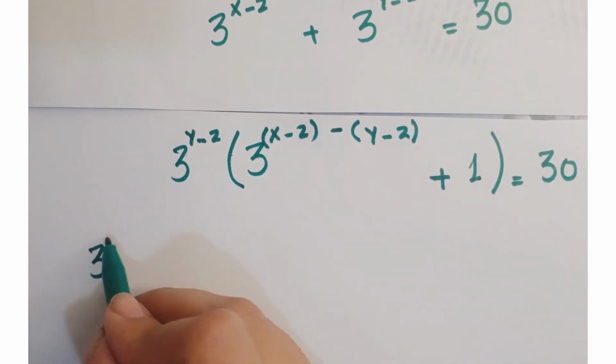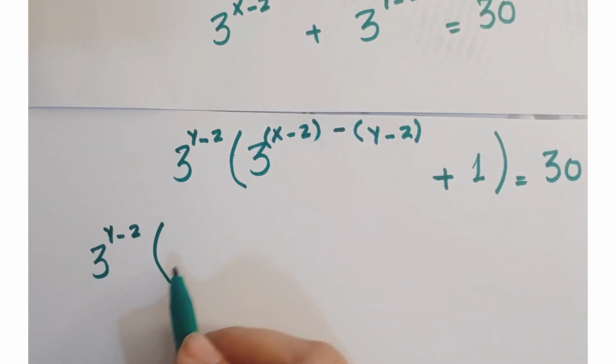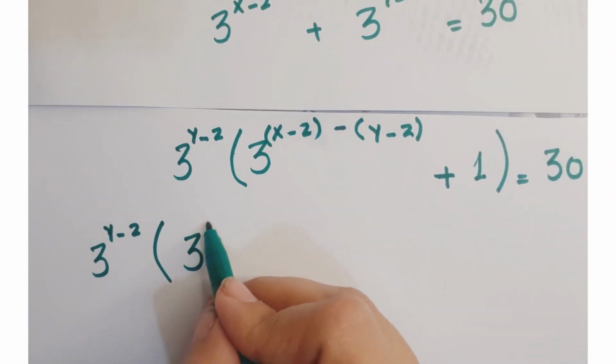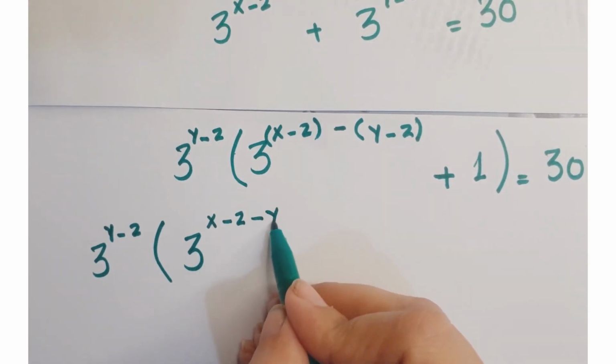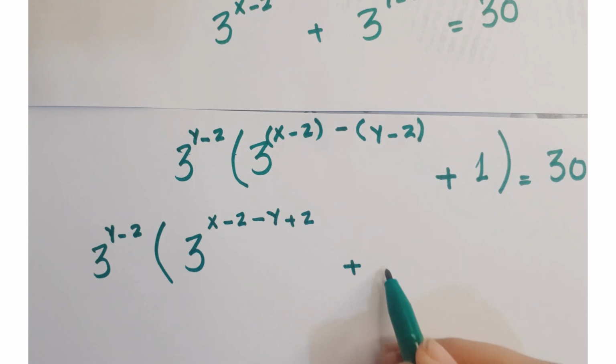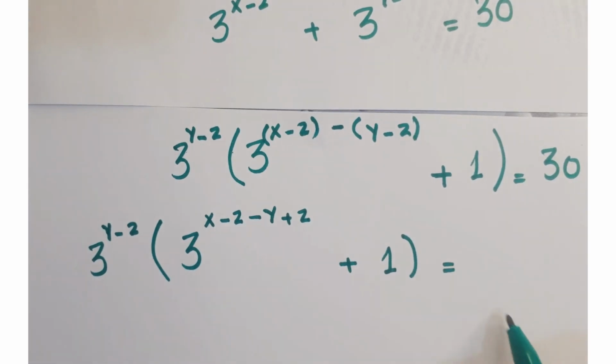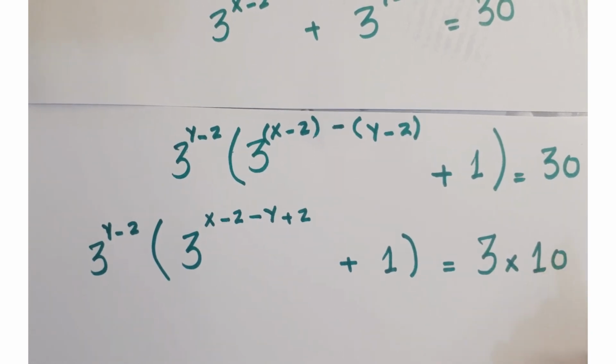Further you can write this as 3 to the power y minus z into 3 to the power x minus z, open the bracket, minus y plus z, plus 1 is equal to 30, and this 30 can be written as 3 into 10.